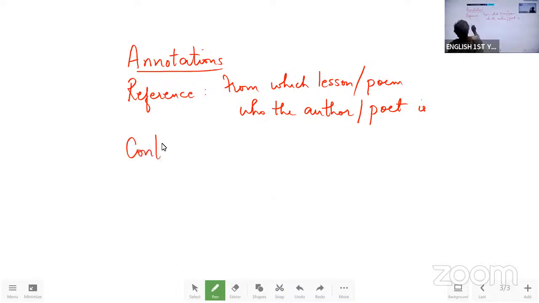Context is the explanation of that particular line. Like I have told you, the poem revolves around two things. One way, the poet goes in search of the meaning of happiness. Where does he go?